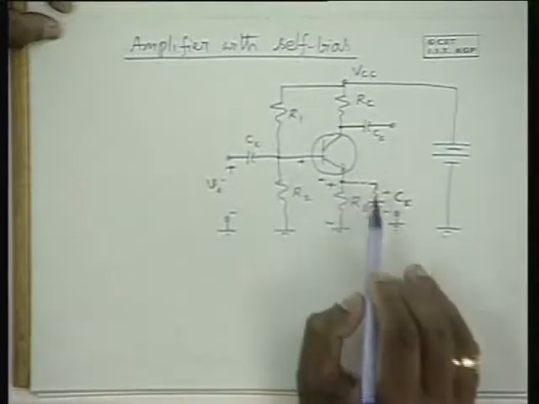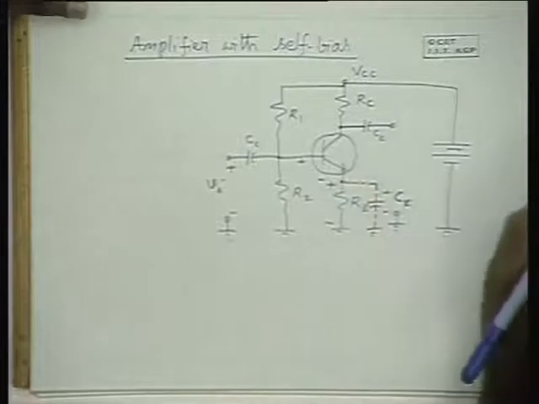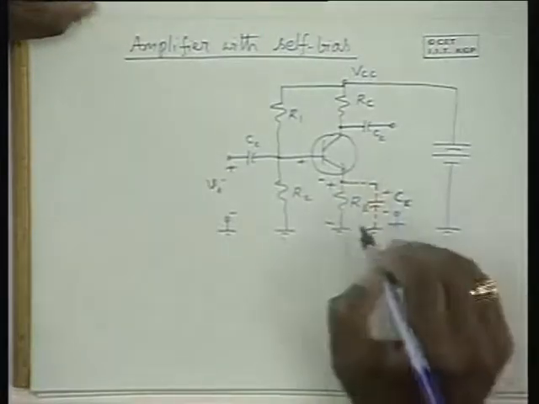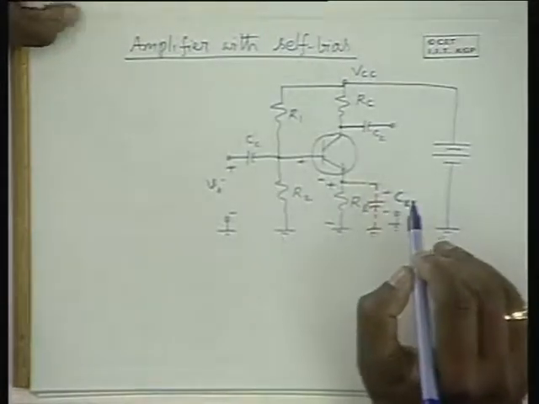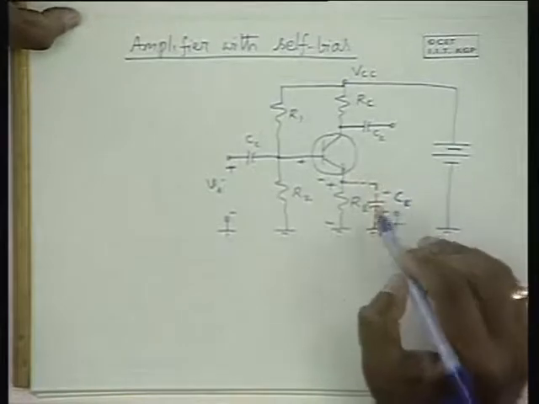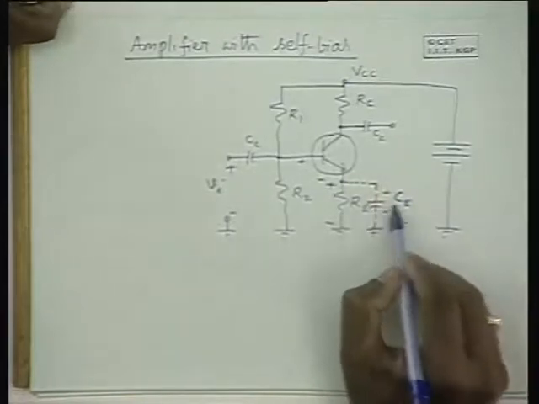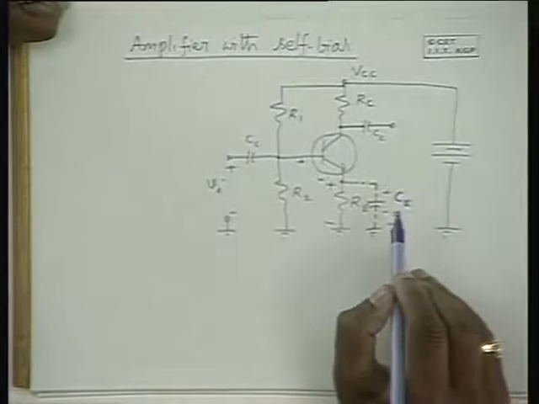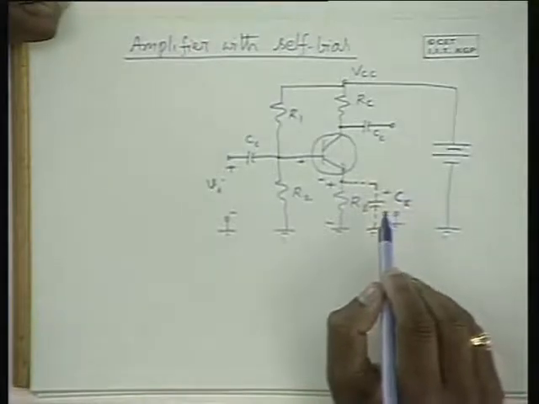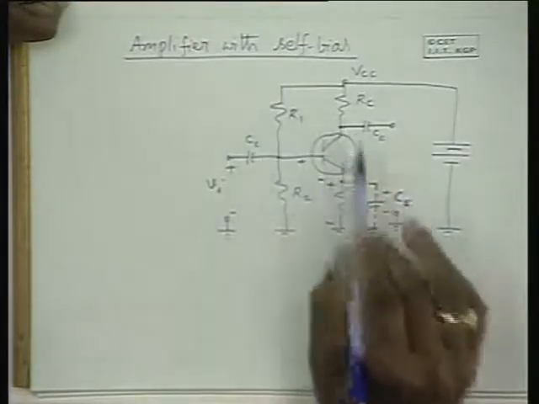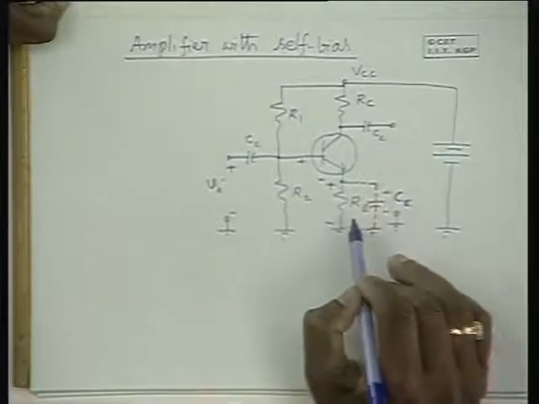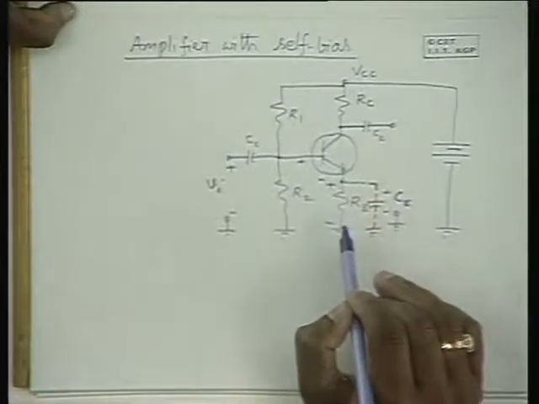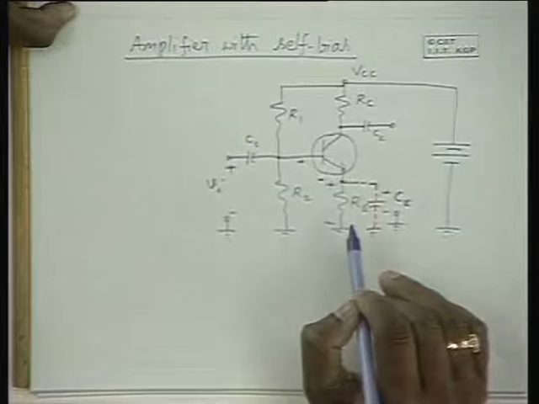Therefore, you can see that the feedback effect of RE is reduced or almost completely eliminated by using a large emitter bypass capacitance. At the same time, the bias stability is maintained because biasing quantities are DC quantities.